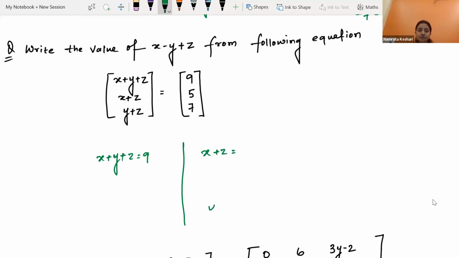We can say that Y is 4. And then 4 plus Z is equal to 7, so Z is 3. Yes, Z is 3. And X plus 3 equals 5, so X will be 2.